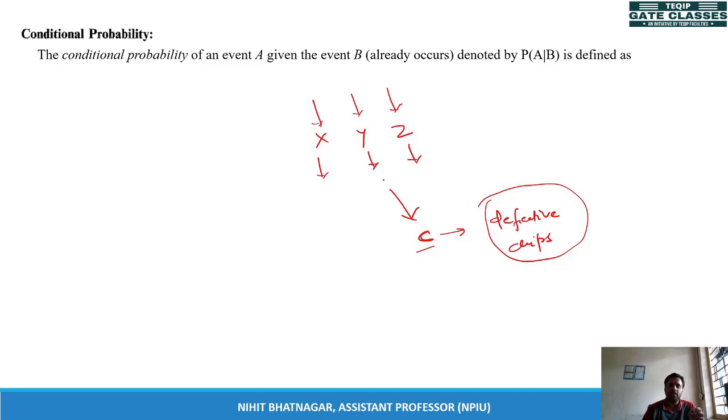The probability of finding defective chips at company C depends upon the defective chips manufactured by X, Y, and Z. So the events occurring in company C depend upon the events which have already occurred in X, Y, and Z. So conditional probability is used to find the probability of an event whose dependent first event has already occurred.